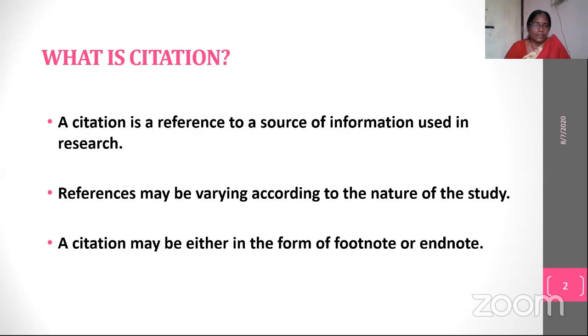After collecting data, we have to frame the content, and then arrange the references. For example, there are a lot of books, which are considered as sources or evidences. Reference means: what about the book? Who is the author? When was it written? When was it published?